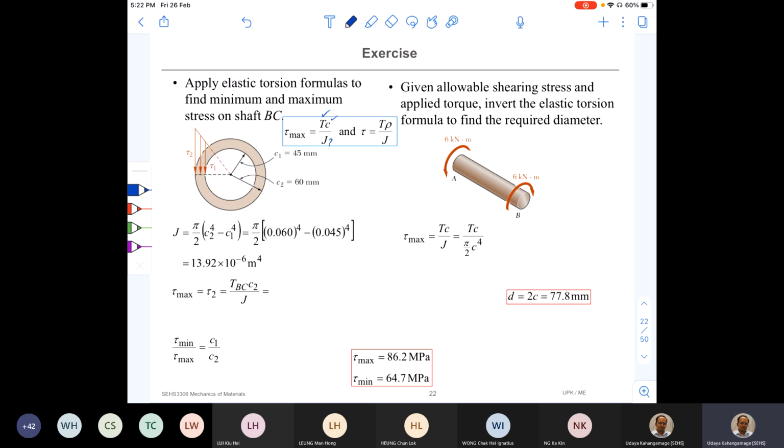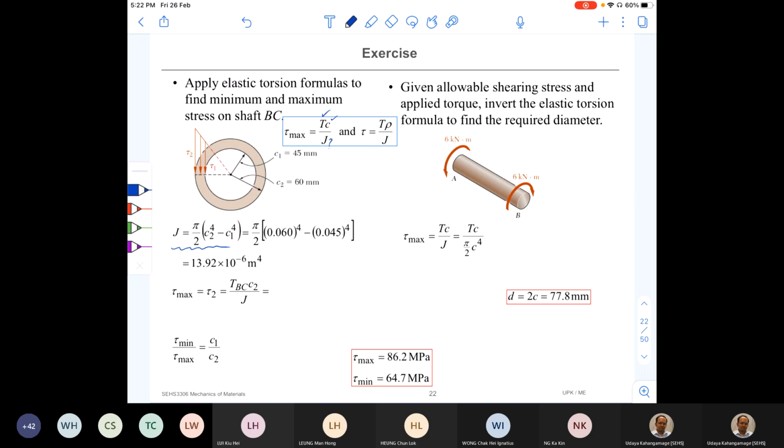The only thing we need to find is J. So that is what I'm doing here, finding J. Once you know the polar moment of inertia, it is a matter of simply substituting the numbers. T is equal to TBC, C maximum is C2, that is 45 millimeters, and J we already found.